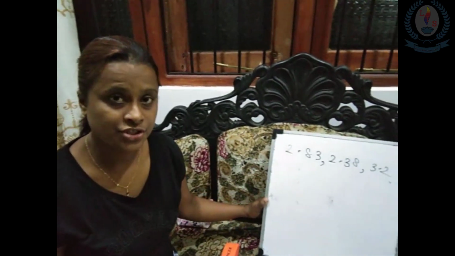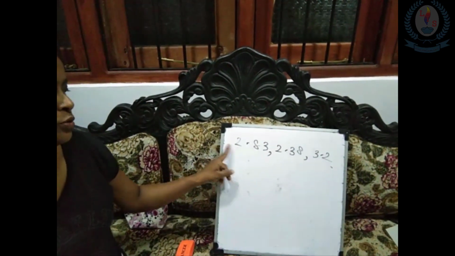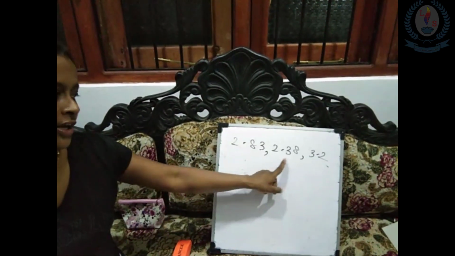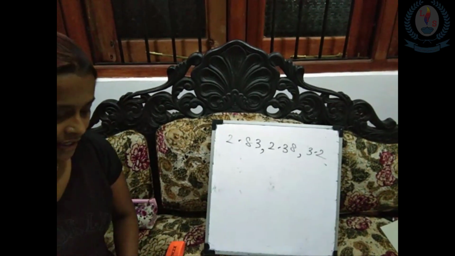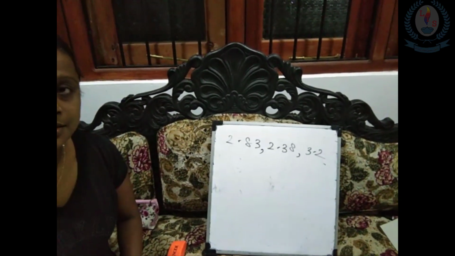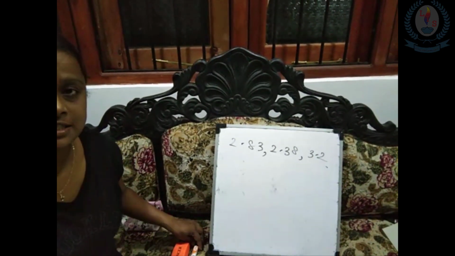Now let's arrange the decimals. Now look at these three decimals. 2.83, 2.38, 3.2. We have to arrange them from the smallest to the greatest. So first let's find what is the smallest number.